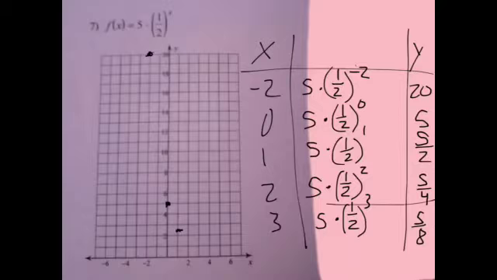And then we have 2, 5/4, which is a little bit over 1, about 1/4 over 1. And then the next one, 3, 5/8. 5/8 is a little bit past half. So there we go. Now we got these points here. We can draw our exponential. It's going to come down like so, just like that.